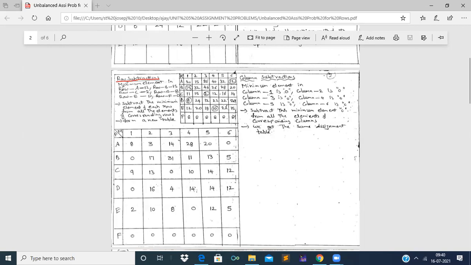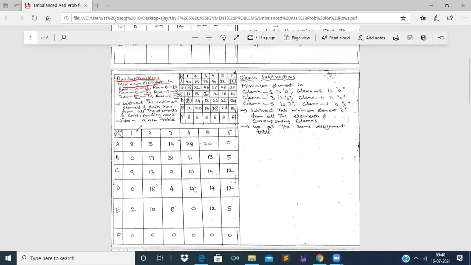For row subtractions, we have to search for the minimum element in each row. In row A, I have rounded off, it is 12. In row B, the minimum element is 15. In row C, the minimum element is 2. In row D, the minimum element is 8. In row E, the minimum element is 10. And in row F, the minimum element is 0.